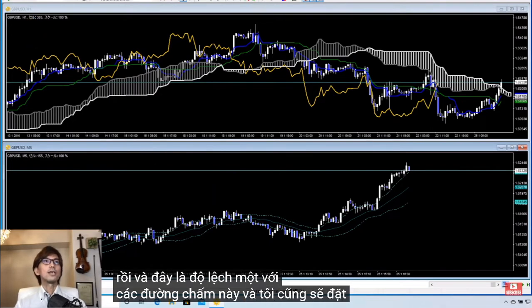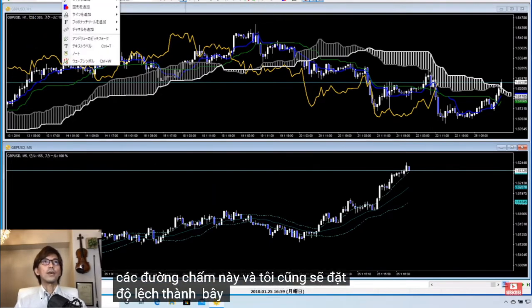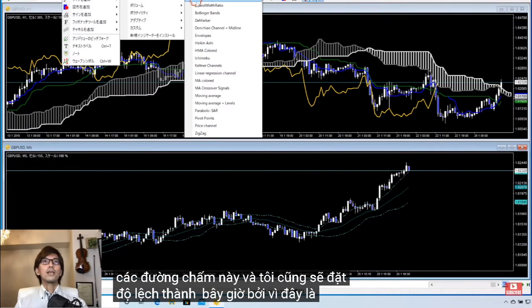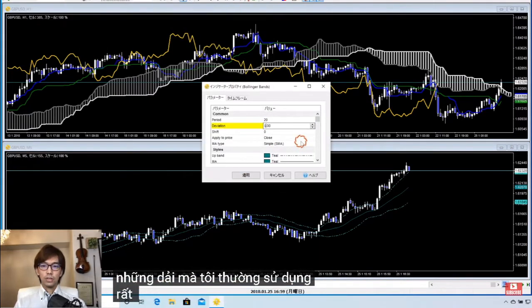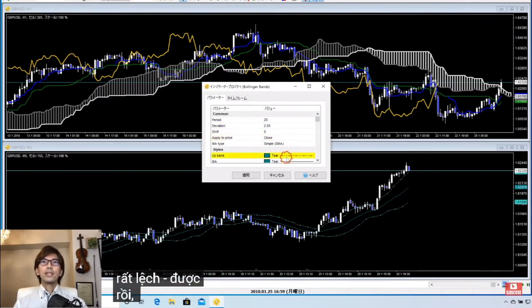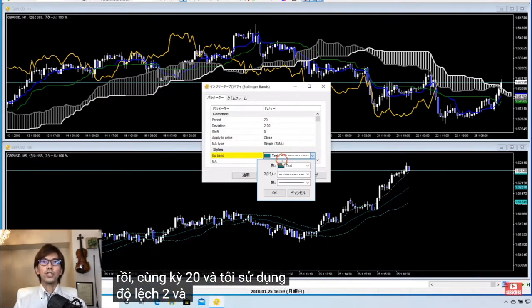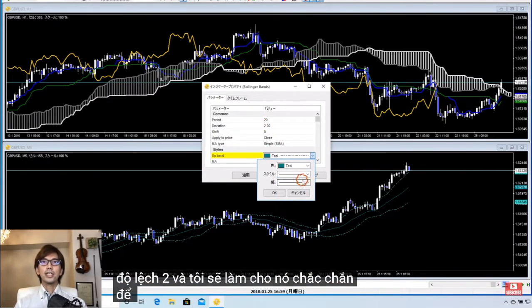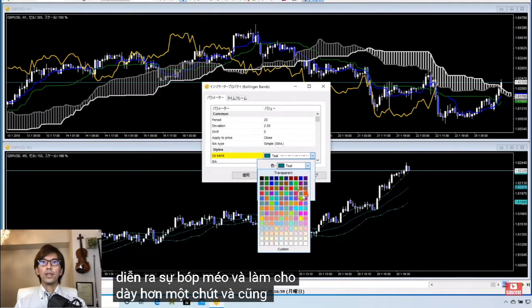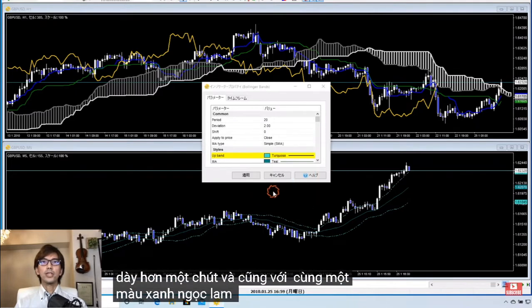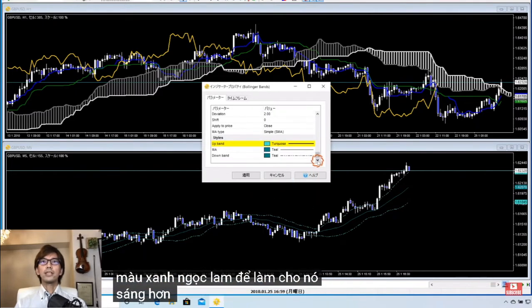And also I will place deviation 2 now, because these are the bands that I usually use. So deviation 2, same period 20, and I will make this solid so that you know exactly where the squeeze is happening, and make it a little bit thicker, with the same color, turquoise, to make it a little bit brighter.